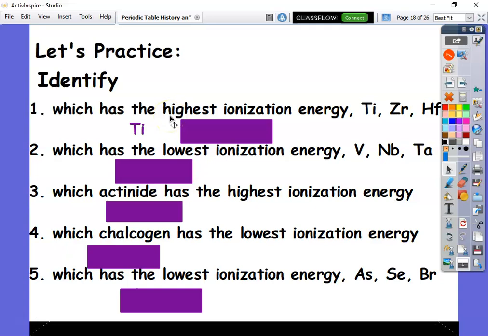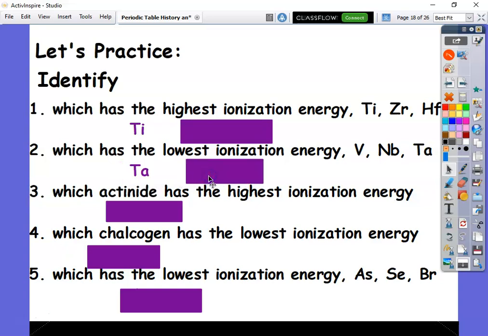Number two, what has the lowest ionization energy of vanadium, niobium, and tantalum? Again, these are in the same column. They're in the column right next door to the ones from the first problem. This time, we're talking not about the highest, but the lowest ionization energy. So in other words, for which type of atom is it easiest to remove an electron?